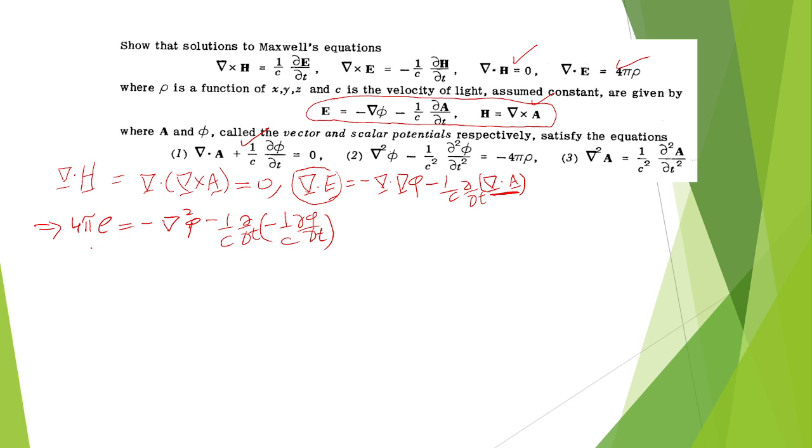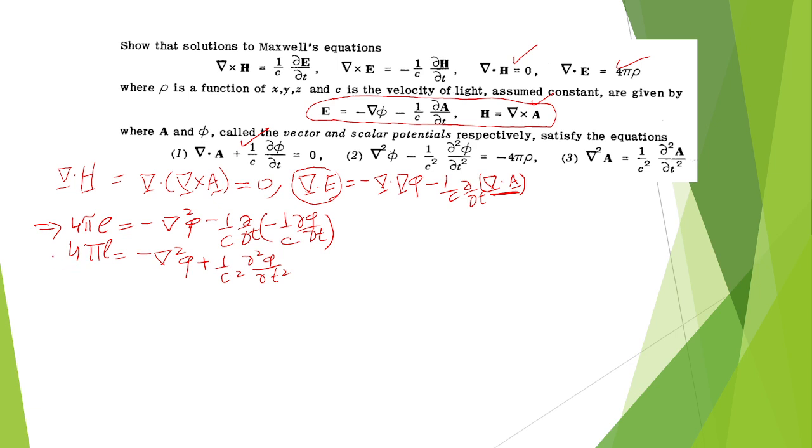So you see, 4 pi rho equals minus nabla square phi, and this is now plus 1 over c square partial square phi partial t square.